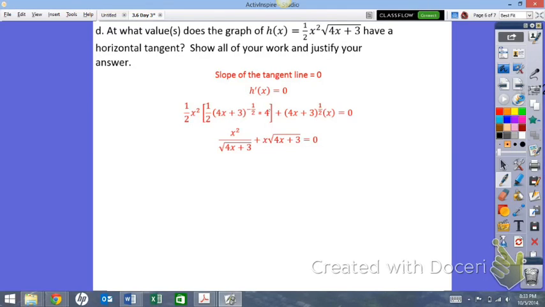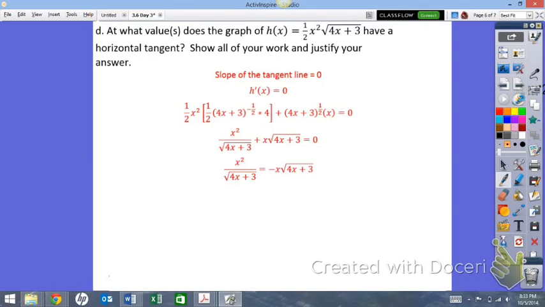So now I just have a 1x squared up in the numerator, and then this 4x plus 3 was to the negative 1/2, so it got dropped to the denominator, and I rewrote it as a radical because that might be a little bit easier to deal with. Then I have plus, and over here all I did was rewrite that 1/2 as a square root, so they were both consistent. So now to solve this equation, I can subtract that x square root of 4x plus 3 to the right side.